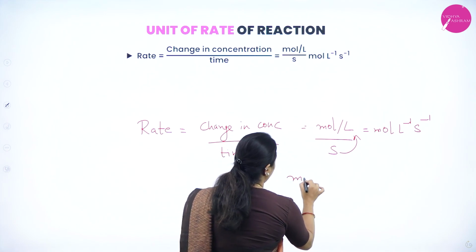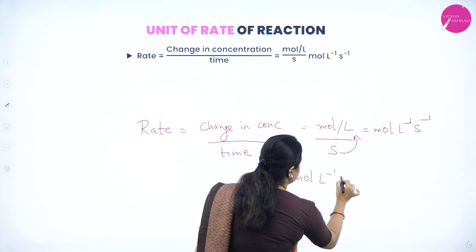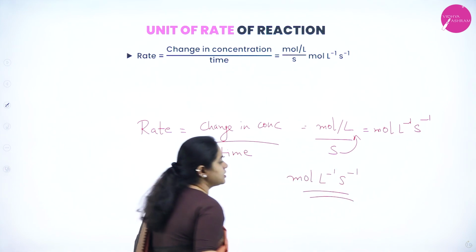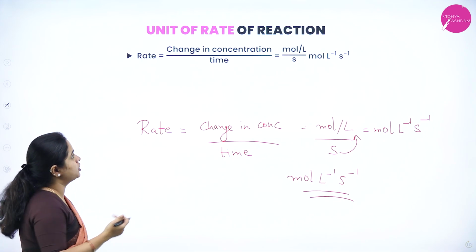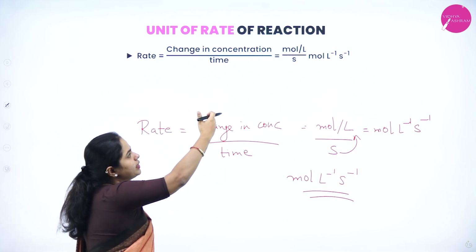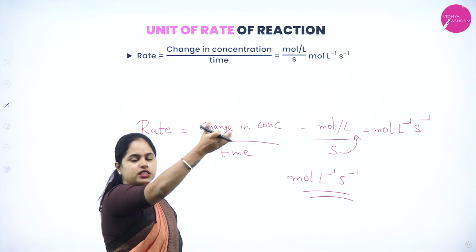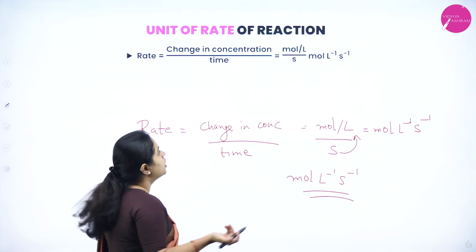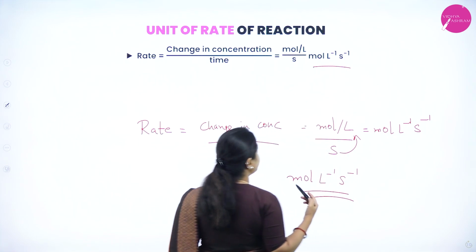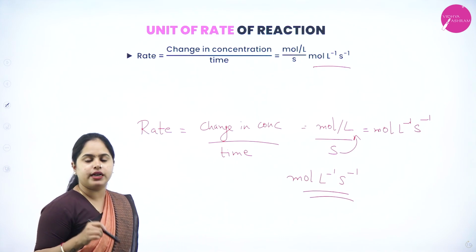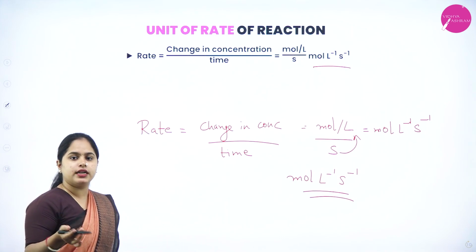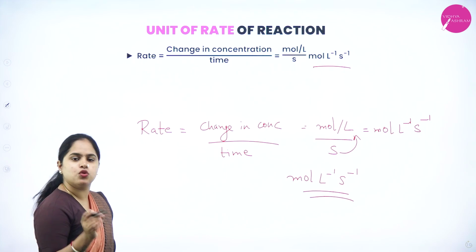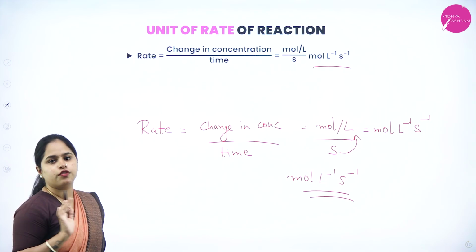It is mole liter inverse second inverse. As you can see here, mole per liter, that is the unit of concentration, divided by the unit of time, which is second. So the unit of rate of reaction is mole per liter per second, or you can also say mole liter inverse second inverse. So I hope it is clear. That is the unit of rate of reaction.